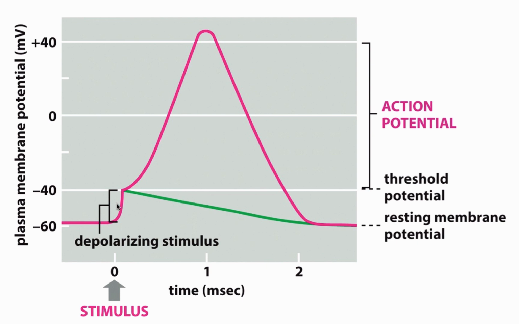But in a membrane that has channels, that initial depolarization stimulus that has taken the membrane potential from -60 millivolts to -40 millivolts will have an effect on the voltage-gated sodium channels on the membrane, and that change in voltage potential will make those channels open.